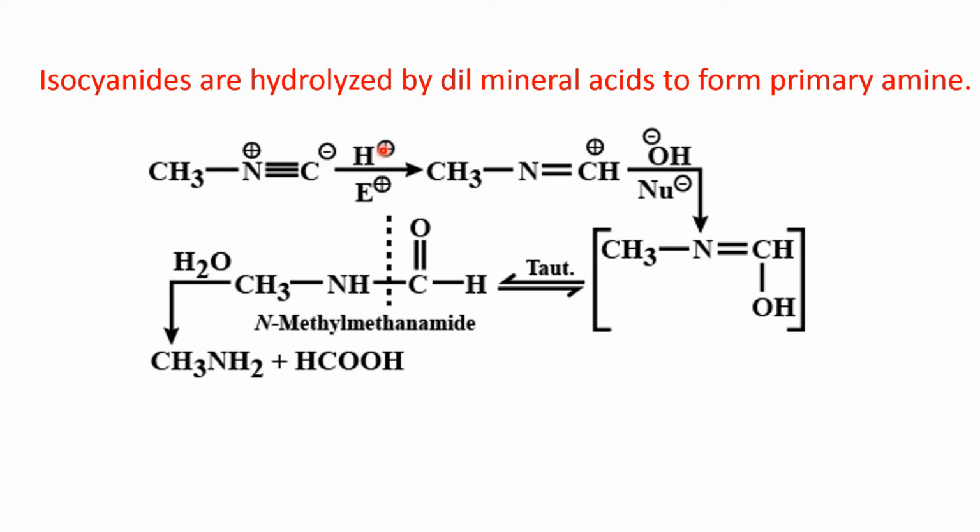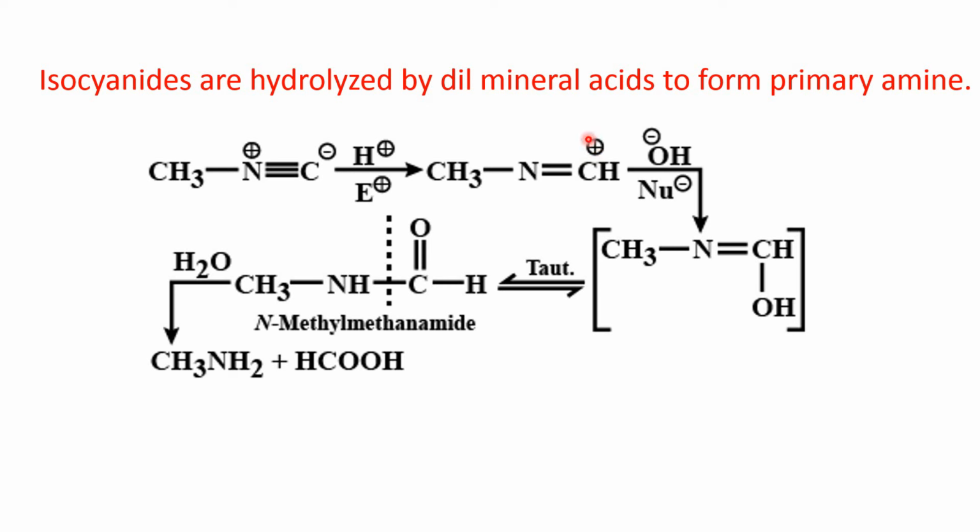Now H plus, in acid medium, will come here. Then this negative charge is neutralized, and this bonded electron pair shifts here to neutralize the charge. So what we'll get? CH3N, then here double bond and CH.